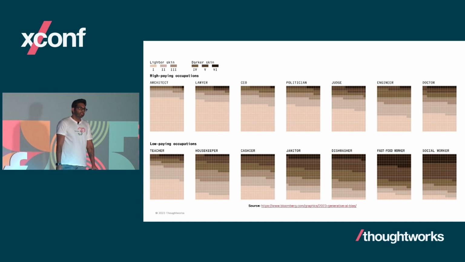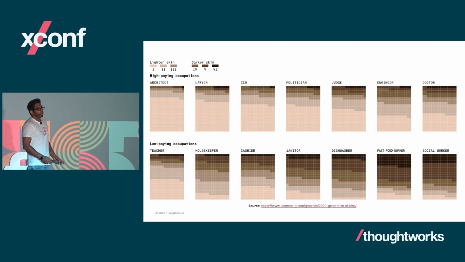When I was looking through, I read a study from Bloomberg. They used Stable Diffusion, an AI model where you give a text and it generates images for you.